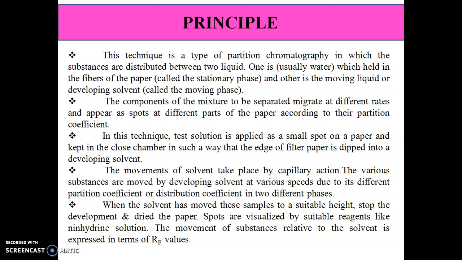So when the solvent has moved these samples to a suitable height, stop the development and dry the paper. Spots are visualized by suitable reactions like ninhydrin solution. The movement of substances relative to the solvent is expressed in terms of RF value.